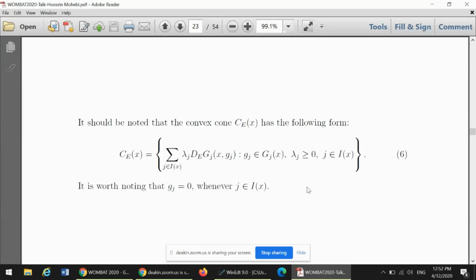In fact, the conical hull of the cotangent epiderivatives of the constraint functions is a convex cone and also has the following form.